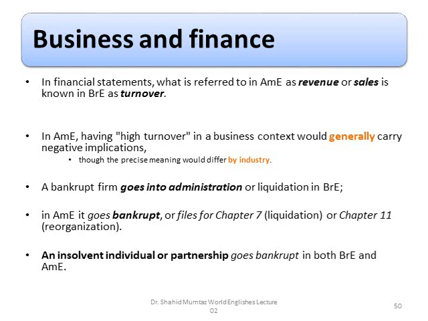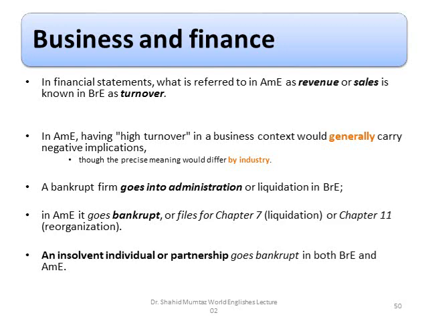If a firm goes bankrupt, it goes into administration or liquidation in British English. So when any firm is bankrupt, in British English you say this firm has gone into administration or liquidation. Okay, in American English, it goes bankrupt.